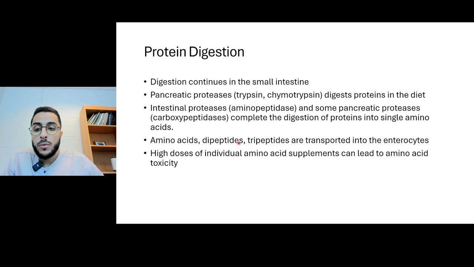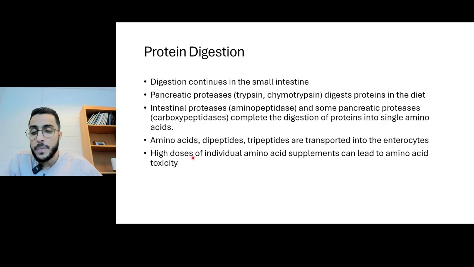Now, when these proteins are broken down into single amino acids, dipeptides, and tripeptides, they will be transported into the enterocyte. These will be transported through shuttlers and transport proteins, which I'll show you in a second.